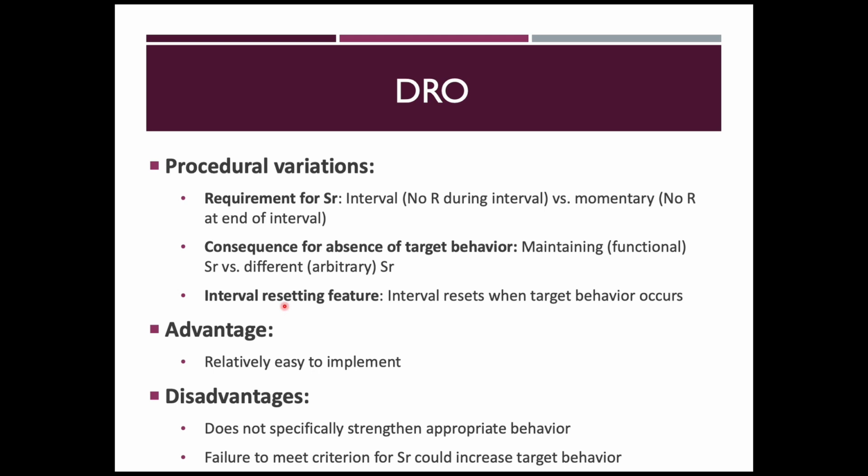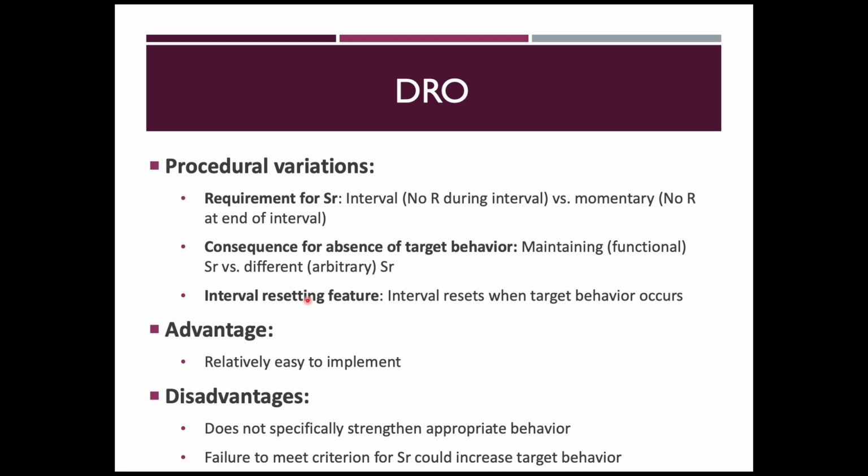Now, the last variation is a little more important and a little more commonplace, and that is setting up the DRO with an interval resetting feature. So what that means is if the target behavior occurs, that is, if the problem behavior occurs, rather than let the interval time out and not deliver reinforcement, we could immediately reset the interval.